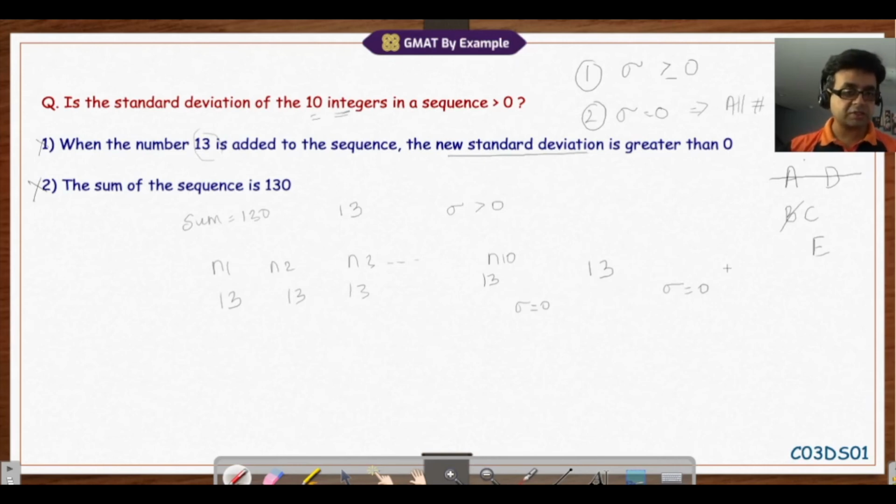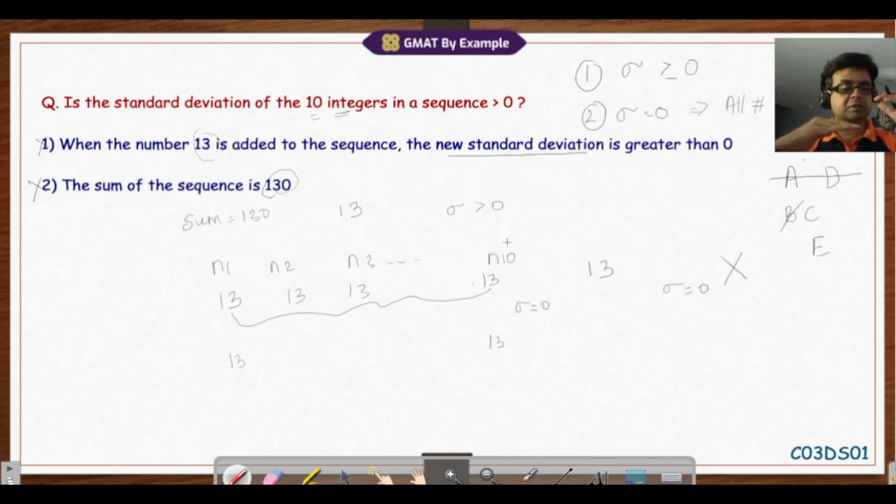So this case is not possible, which means all of these numbers are not 13, which also means that some may be 13 or some may be something different to bring the total to 130. Because the sum is 130. If all the numbers are 13, then the sum is 130. If you reduce one number, you will be increasing another number to keep the sum as 130, right?